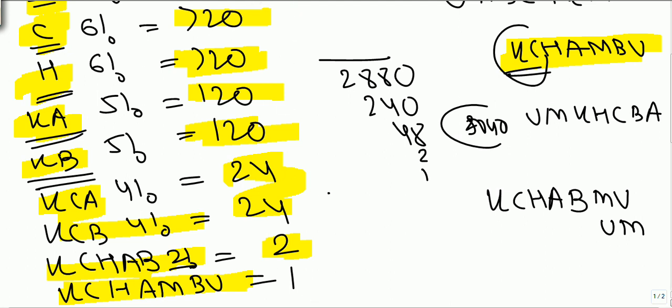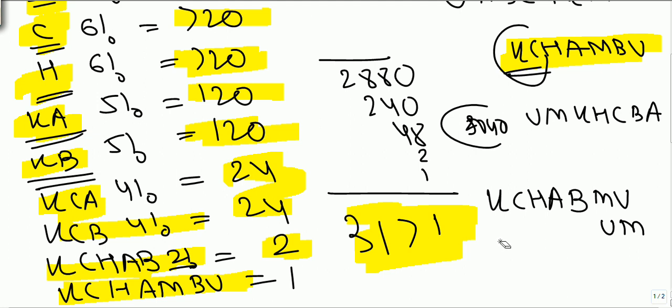So finally, what's the answer? The rank will be 8 and 2 and 1, 11, 1 carry, 17, 1 carry. The rank will be 3171. That's what will be the rank. Slightly lengthier one, but an important question type.